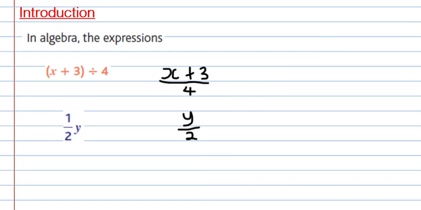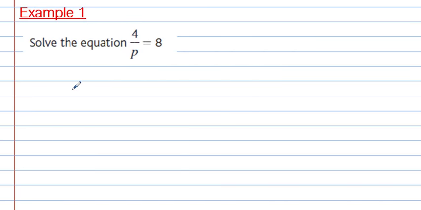Okay, let's go into an example. Example 1: solve the equation 4 over p equals 8. We want to find what p is, okay? So if I rewrite the equation, I have 4 over p equals 8.